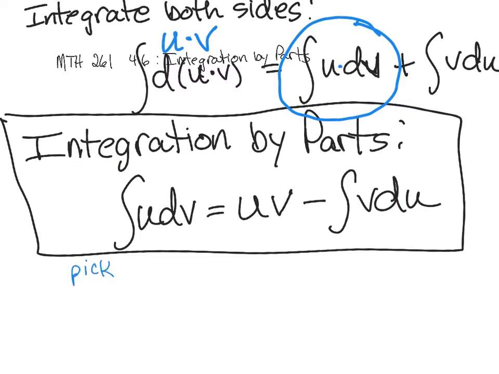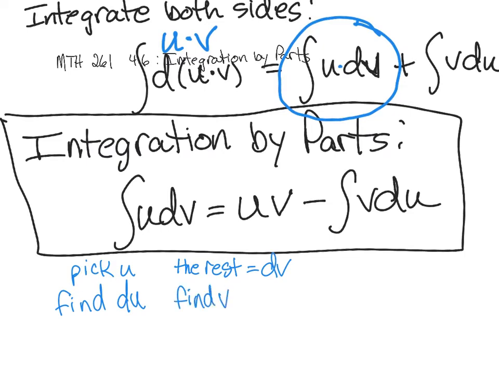I've got to pick which one is u, and then I've got to take the derivative of that to find du. And then whatever is not the u, the rest of my problem is the dv. And I've got to find v by taking the integral of what dv was. That's going to give me the stuff in the cheater box.